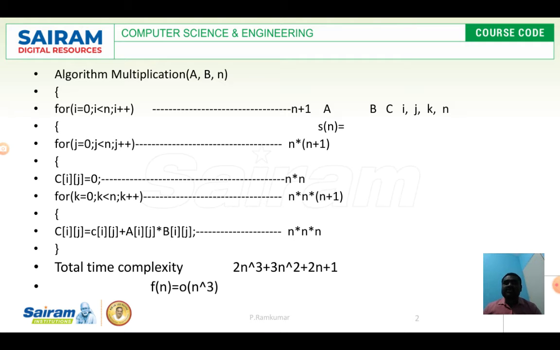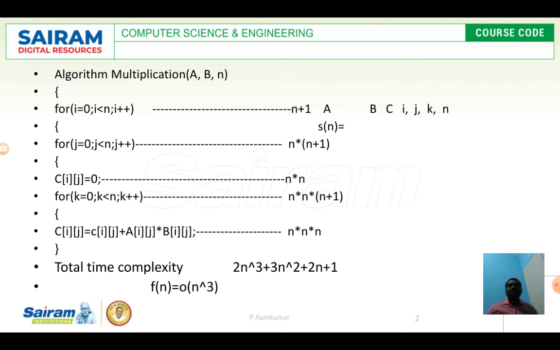C of ij equal to 0. Why? Because in the computational part, I am going to use C of ij equal to C of ij plus A of ij star B of ij. Whenever we use a variable on the left hand side and the same variable on the right hand side, we have to initialize it. So according to that, I am initializing C of ij equal to 0.